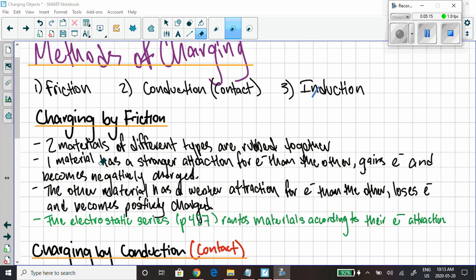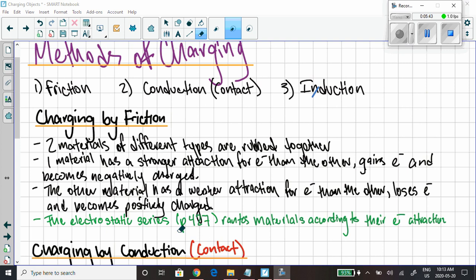One material has a stronger attraction for electrons than the other. It gains electrons and becomes negatively charged. It literally pulls electrons. The other material has a weaker attraction for electrons, right? And it loses those electrons to that one and it becomes positively charged.